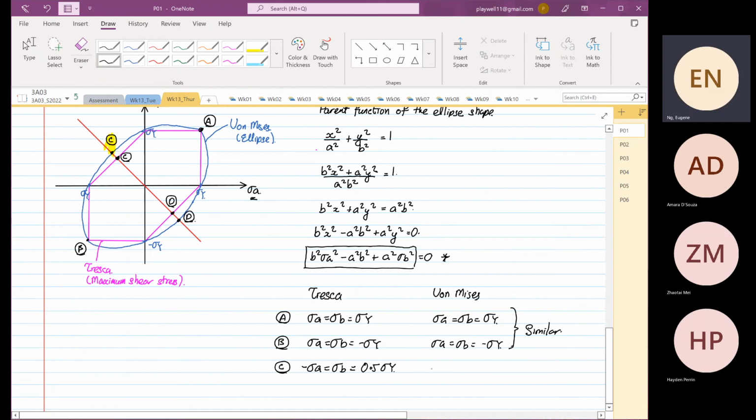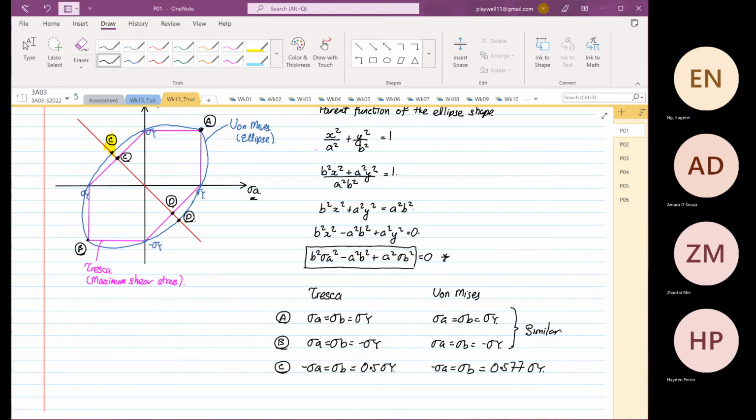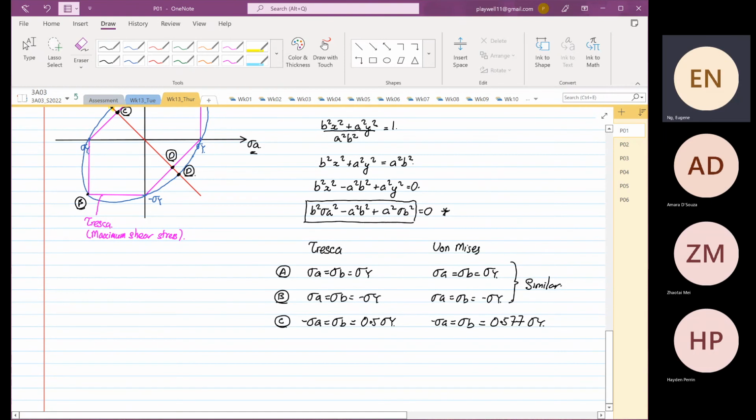However, minus stress A is still equal to stress B, and this is equal to 0.577 stress U. Okay. And you realize that in Tresca it is 0.5, Von Mises is 0.577 of the yield. Means Von Mises will generate a higher magnitude of stress A, stress B.